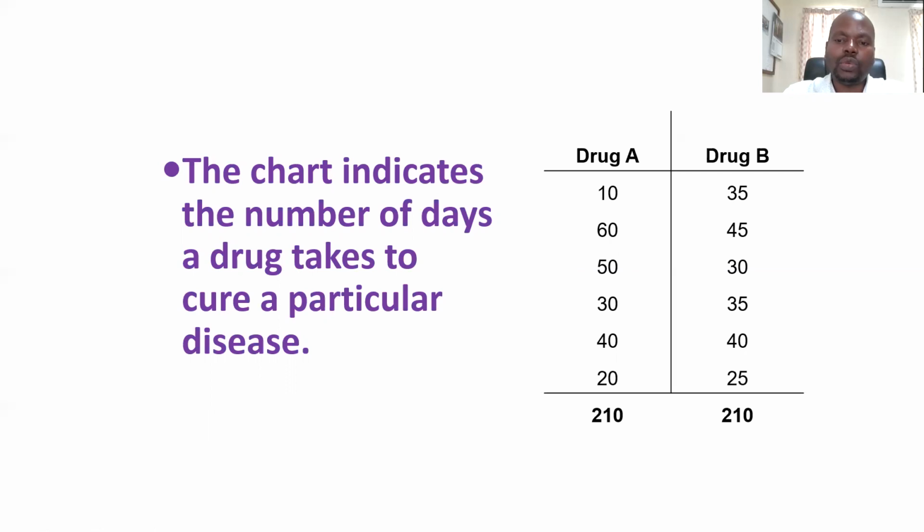And therefore, if you look at the total, you would not really make a difference as to which drug you would prefer to be the best drug to cure the disease in the shortest number of days, because what is so desirable for a drug is that it should be able to cure a particular disease in the shortest number of days. So in this case, you see that both of them are taking 210 days if you add for all the patients.